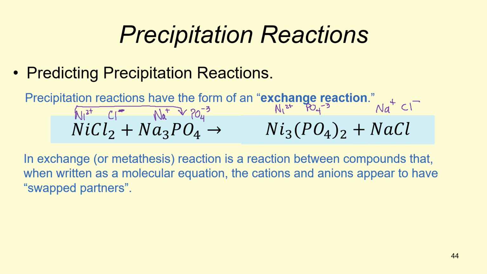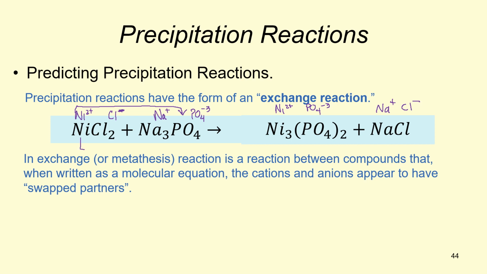So these are the possible precipitates, the compounds that are formed when nickel chloride and sodium phosphate combine together. So notice I didn't worry about the coefficients yet because I'm going to now have to balance the equation. So they've swapped partners.